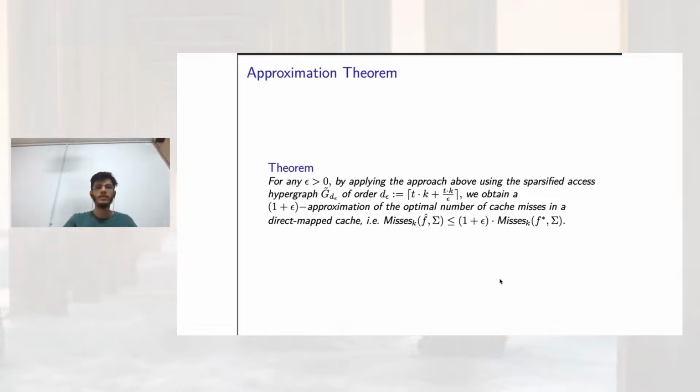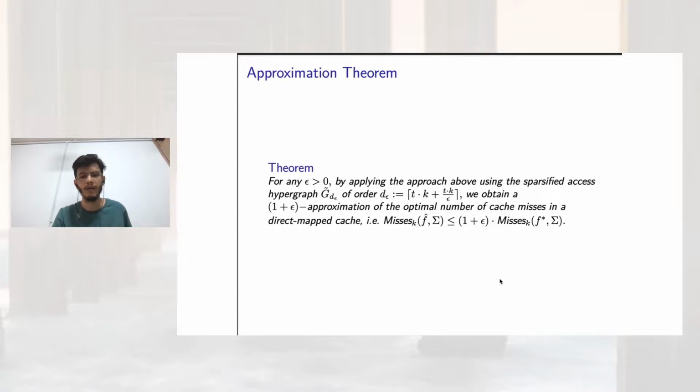So we have a theorem that for any epsilon greater than 0, by applying the approach using the sparsified hypergraph of order d equal to the described equation, we obtain a 1 plus epsilon approximation of the optimal number of cache misses in direct mapped cache.